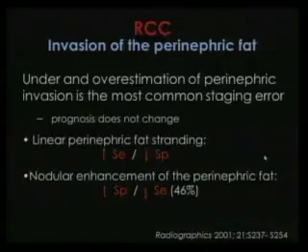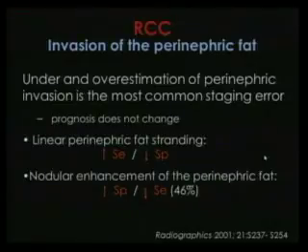Sometimes we can overestimate or underestimate fat compromise. And this is because fat stranding is commonly seen even in normal patients. If any of us get a CT, we can probably see perinephric fat stranding.